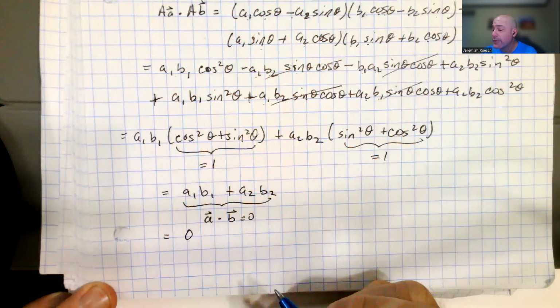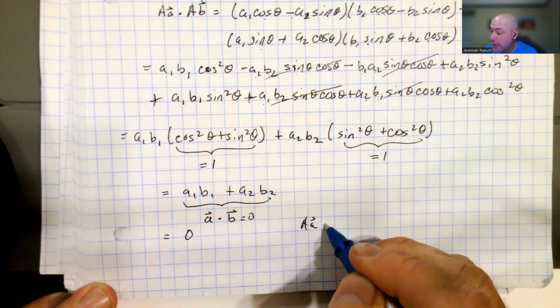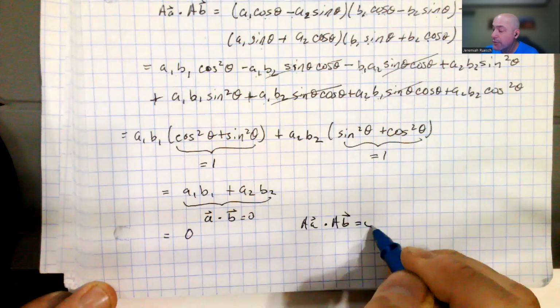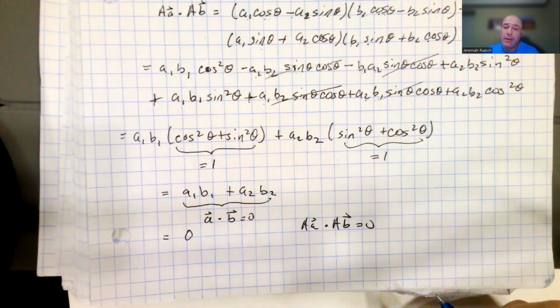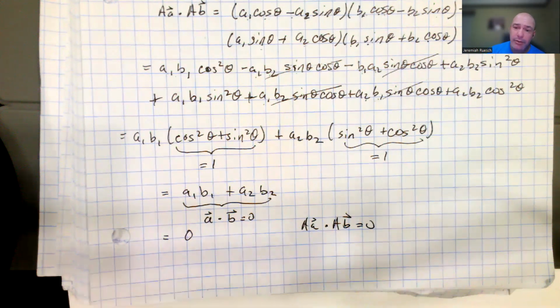So this does in fact equal 0. What we've shown is that A dotted with AB equals 0, which shows that the corresponding vectors A and AB are in fact orthogonal, perpendicular. I hope that was helpful, and I'll see you in the next video.